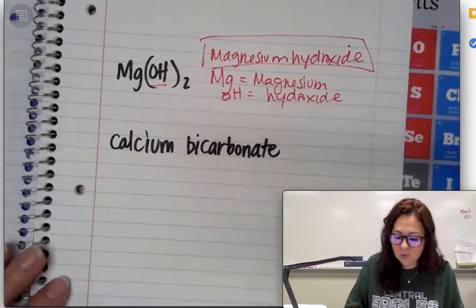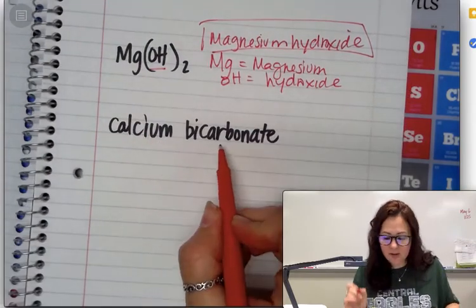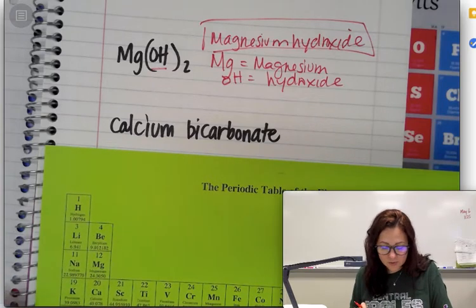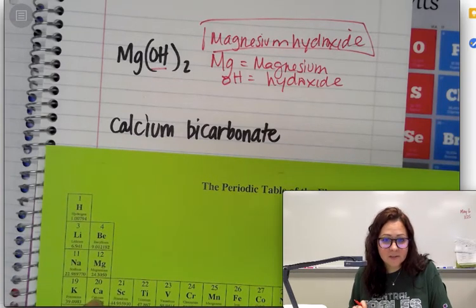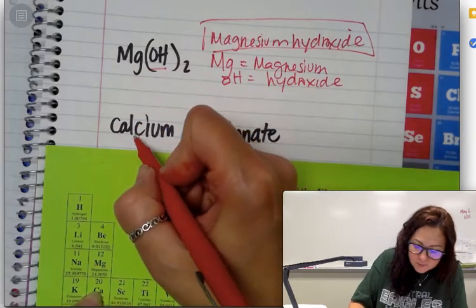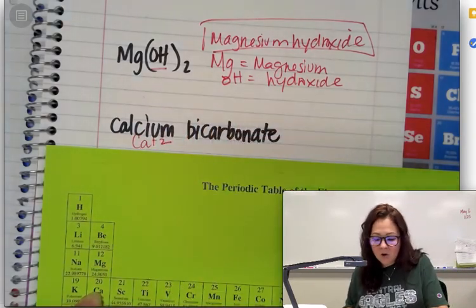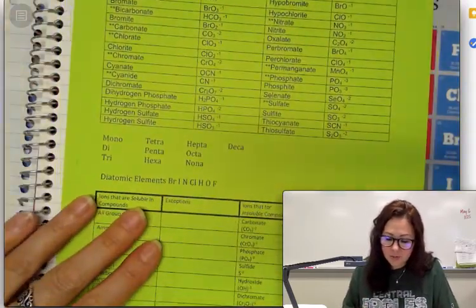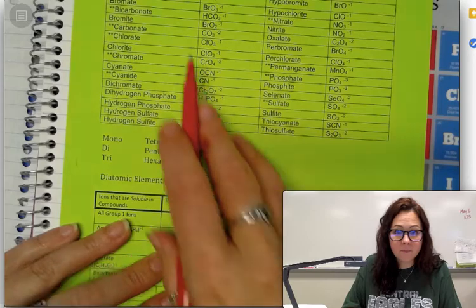The next one, calcium bicarbonate. So I have to get my periodic table here because I need the charges. Calcium is right here. Calcium, number 20 down here, has a +2 charge. Bicarbonate, let me flip over my chart. Bicarbonate, when you find it, it's right here.